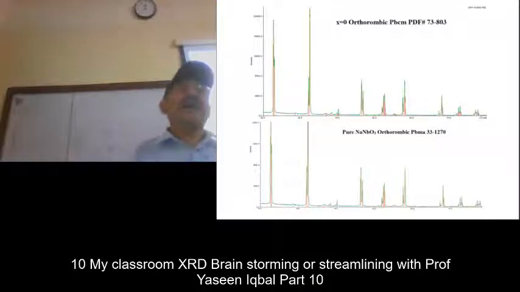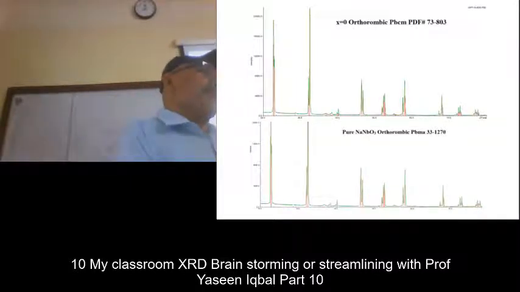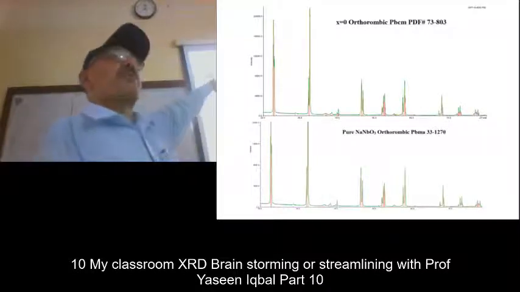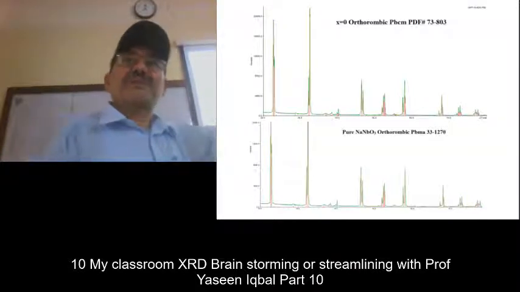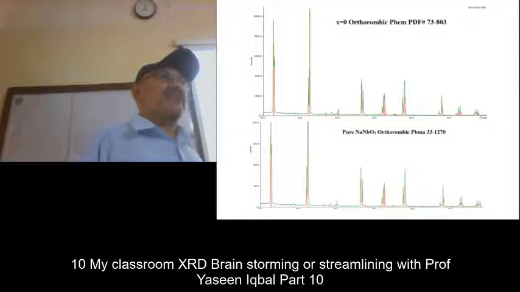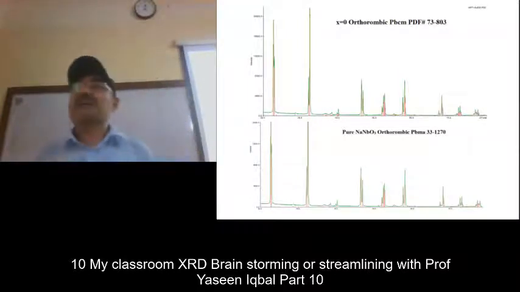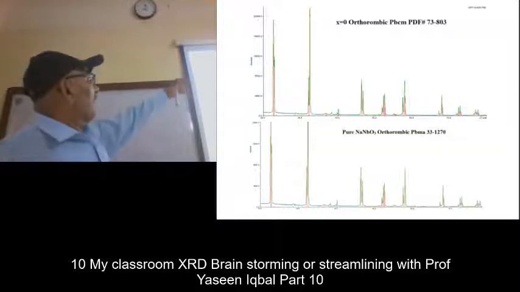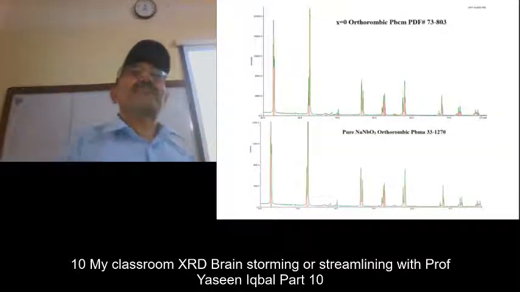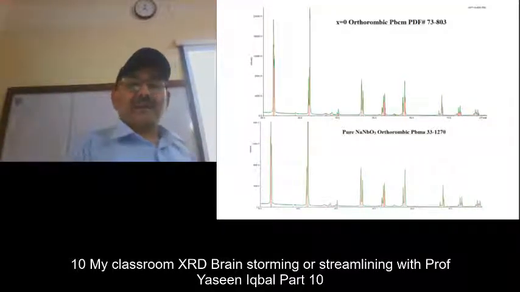The same crystal system in both, but the space group is different. And the crystallographers know it, that when they look into the X-ray diffraction pattern, they will tell you that this is Pbma and that is Pbcm. And these are crystal symmetry things.